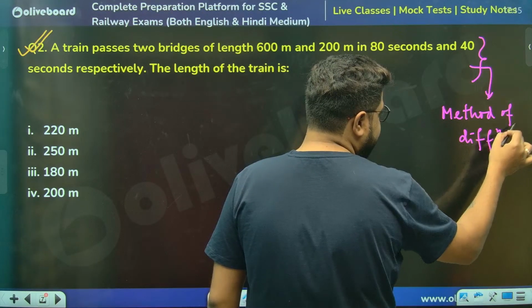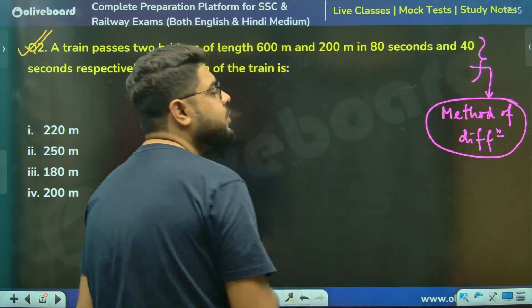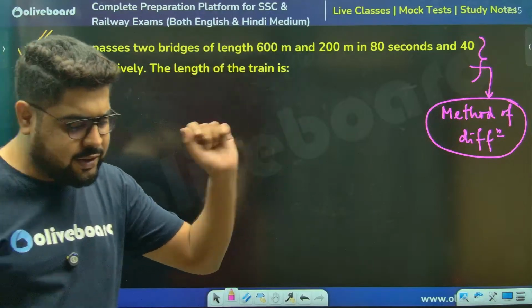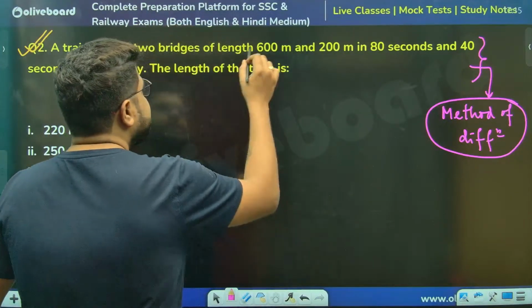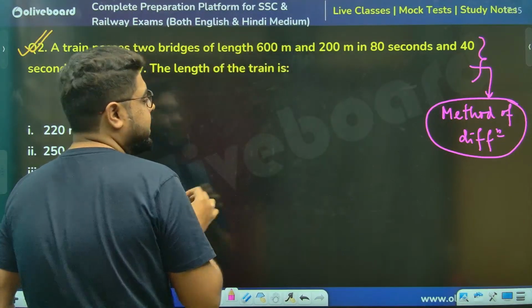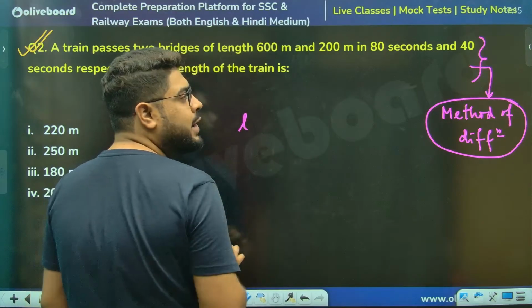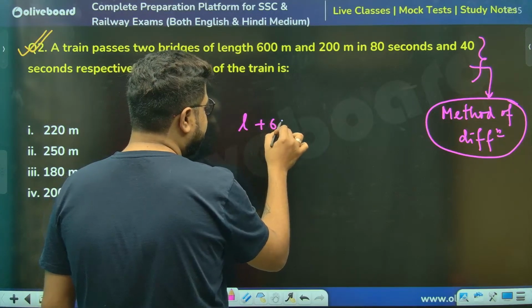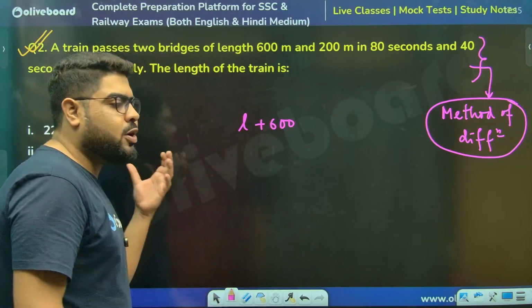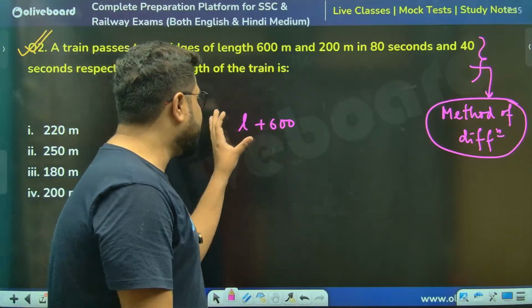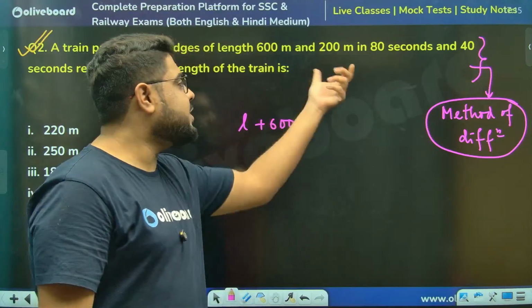That too in your mind. Do not write everything down. I'm just giving you the concept. Think like this: a 600-meter bridge means its own length plus 600 meters, because whenever a train crosses a bridge, it is crossing its own length plus the length of the bridge.